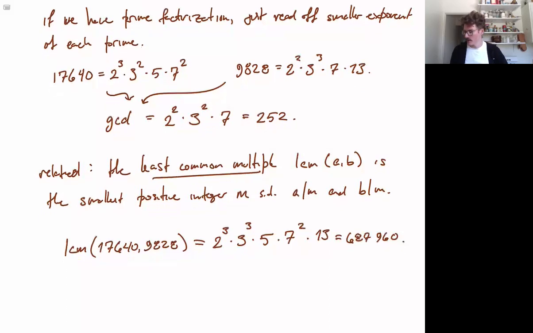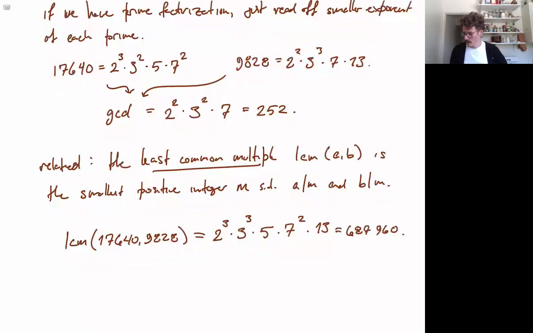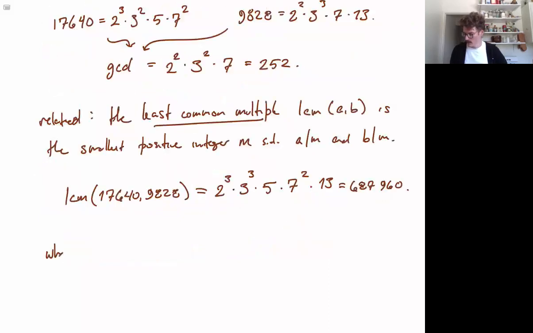And a quick question: what is the greatest common divisor of some number and 0? Or rather, the question is really, is this equal to A for any A?